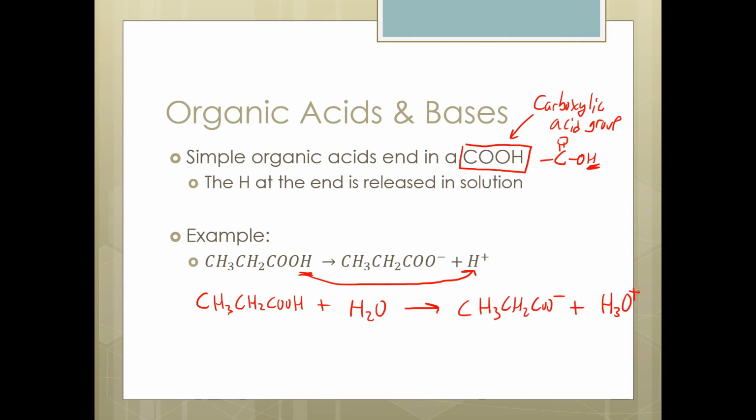Here you can again identify the conjugate acid and conjugate base. If this is my acid, its conjugate base would be this one. For water, this would be the conjugate base, and this would be its conjugate acid.